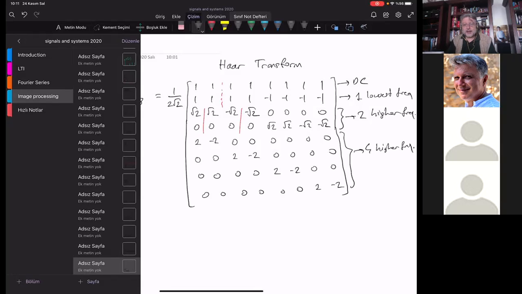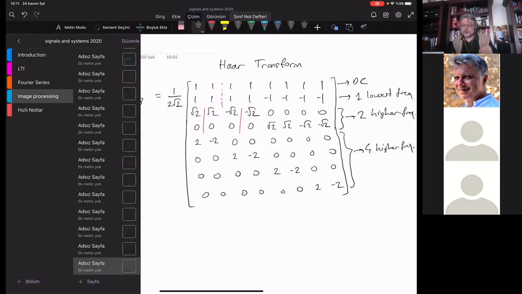For instance, how do you make a 16 by 16? You will have a DC, and then you will have 1 positive, 1 negative sides, and then you will split each of the positives and the negative sides into 2, but you will have 2 of them. Then you will split each of the positives that are remaining and the negatives that are remaining into 2 parts. But now you will have 4 of them, and finally there will be still positive and negative remaining couples.